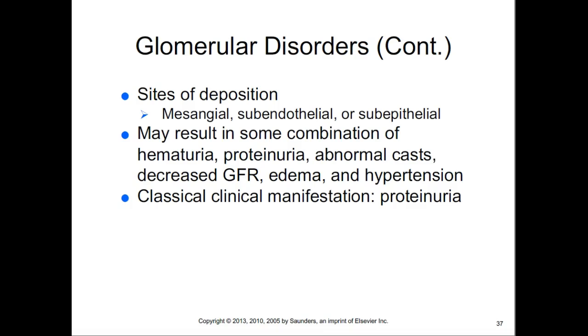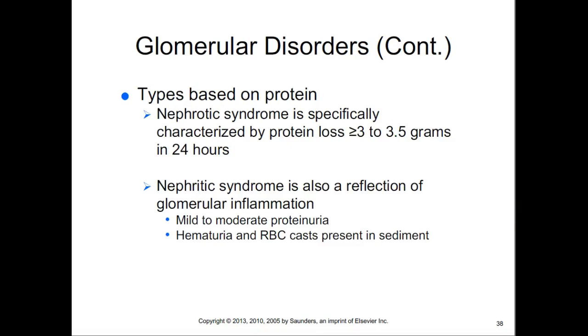So the fact that you have proteins, multiple amino acid proteins, in the urine is quite disturbing. Albuminuria would probably be the most common, albumin being the protein you'll find from the plasma in the urine.